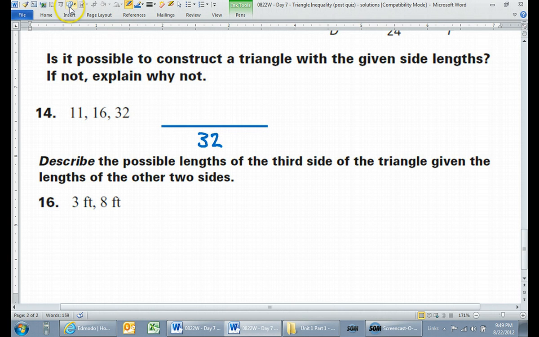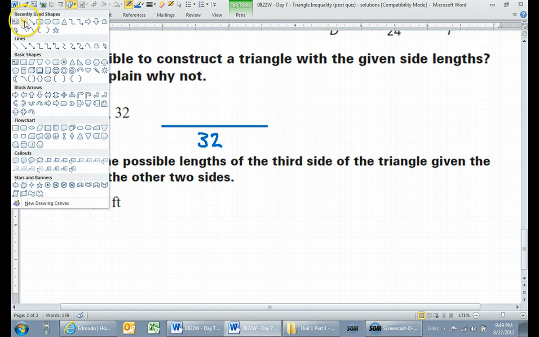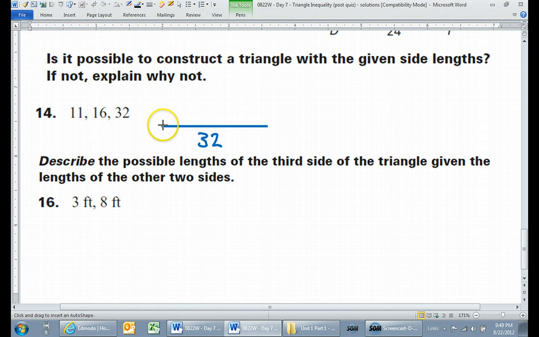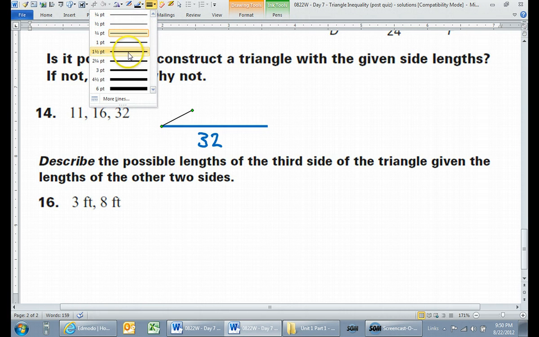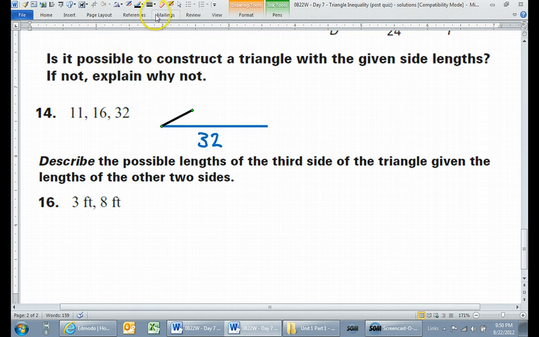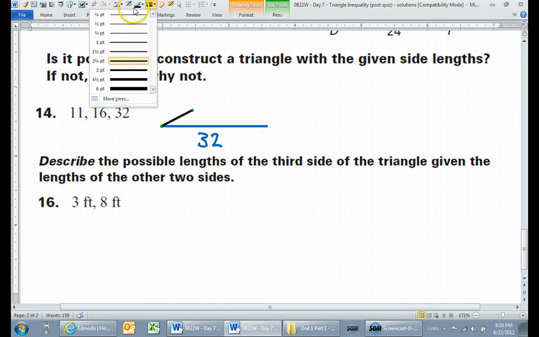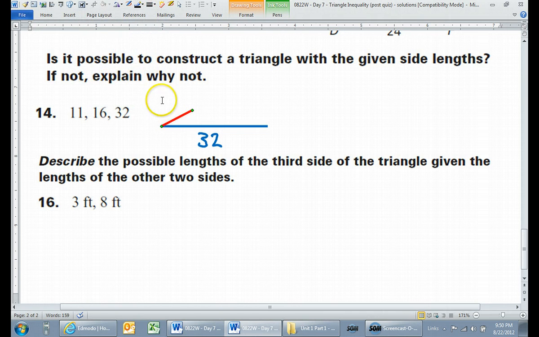Now here comes my 11 and my 16. So let's say here's 11, and let me make that a little bigger too. Okay, there's my 11, and here's my 16.